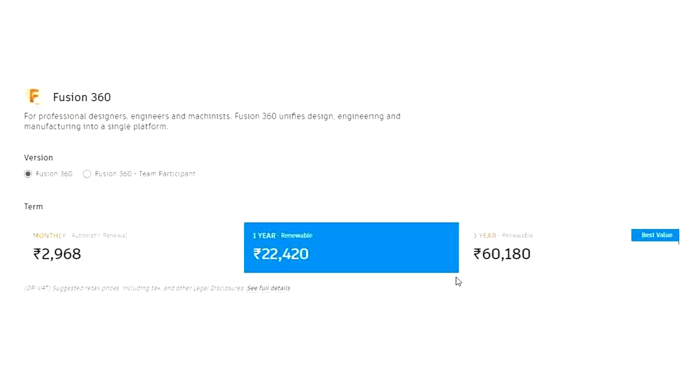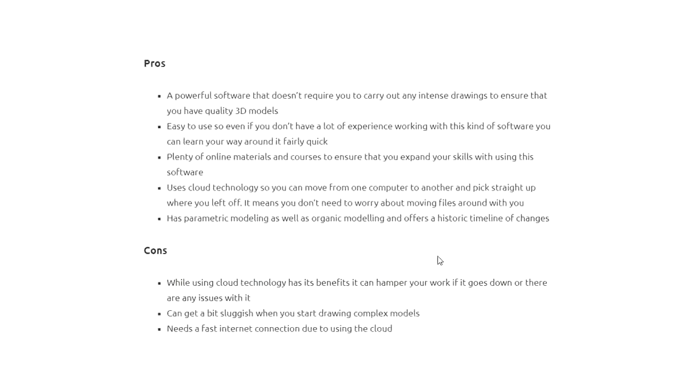Okay, so next, finally, what are the pros and cons? The pro is that you can easily use this software anywhere, on any system, or we can easily edit the drawings and collaborate on those drawings anywhere. That doesn't require any specific system.